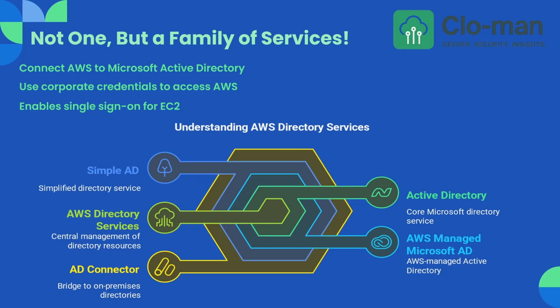This allows you to access AWS resources and applications using your existing corporate credentials. That includes logging into the AWS Management Console itself and with domain joined EC2 instances. You can enable single sign-on across your environment. No need to manage credentials individually on every server. Super convenient, right?